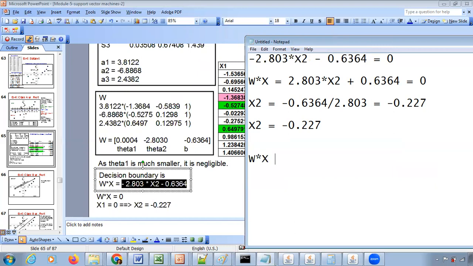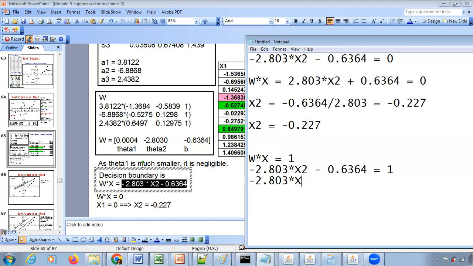For W times X equals 1, we have to use this version equals 1. Then we can divide by negative 1 if you want to, but we have to use the original version of W times X, because that will make the math different.